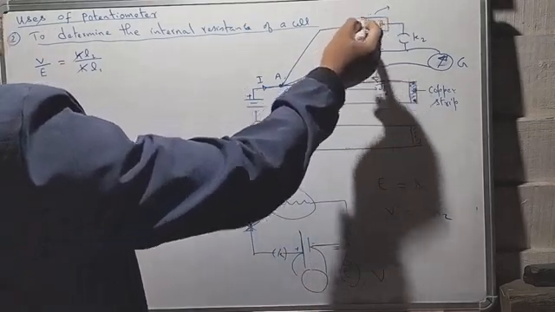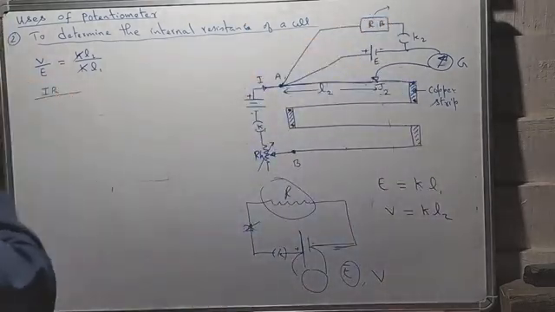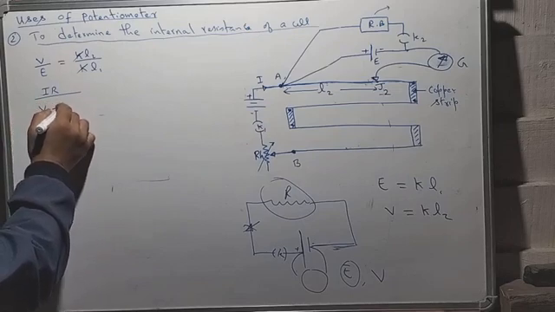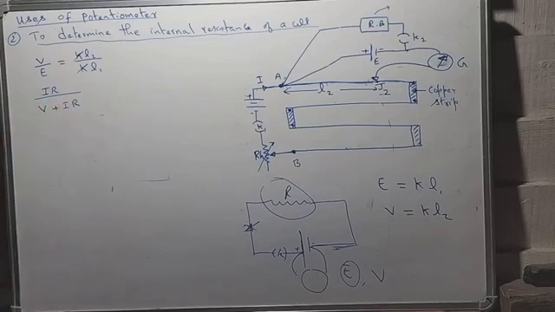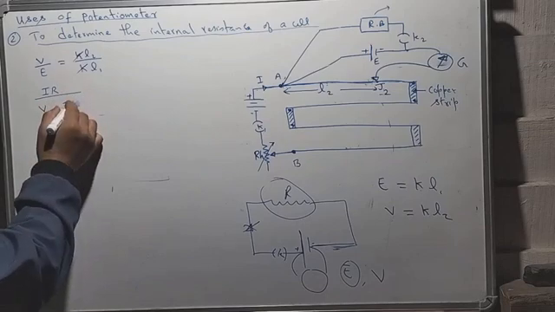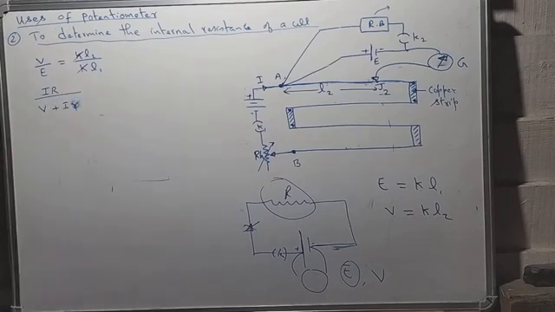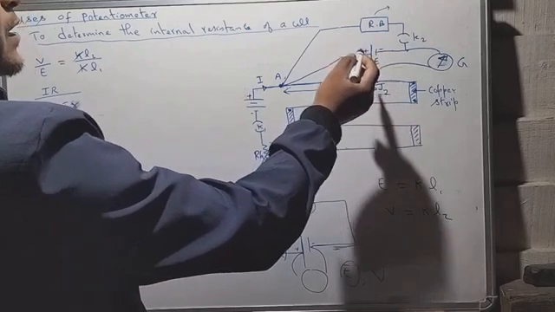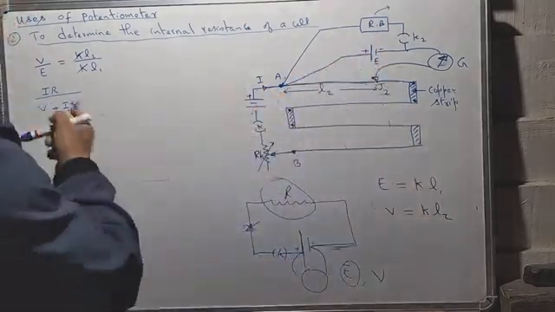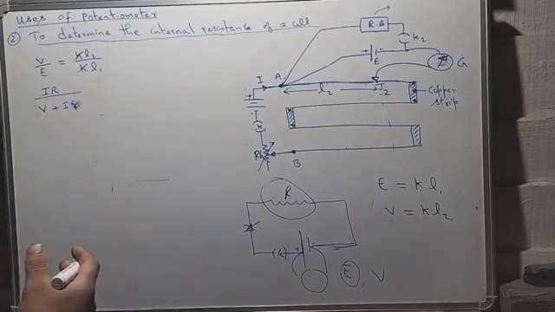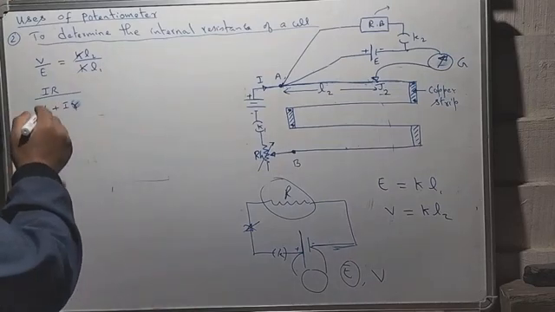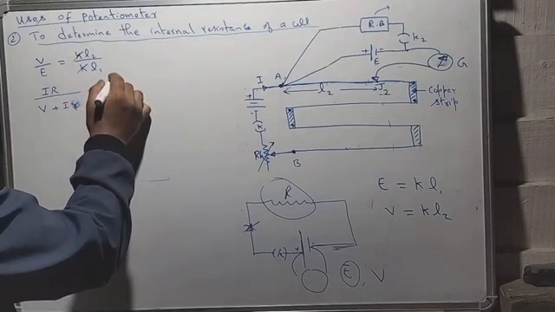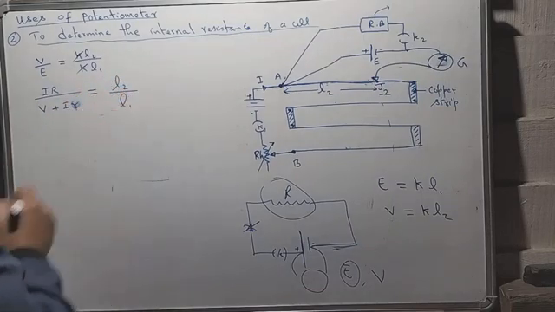And instead of E, if you remember, E is written as V plus I small r. What is this small r? This small r is the internal resistance of this cell, whose value needs to be determined here. So instead of E, we write V plus IR. This is L2, this is L1.